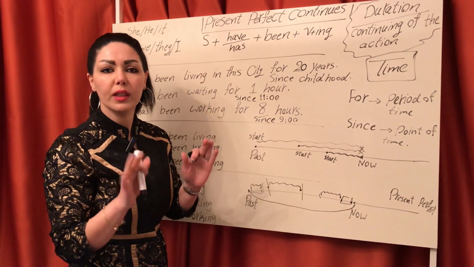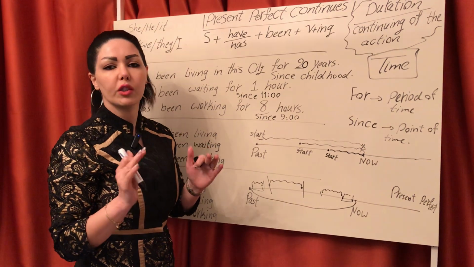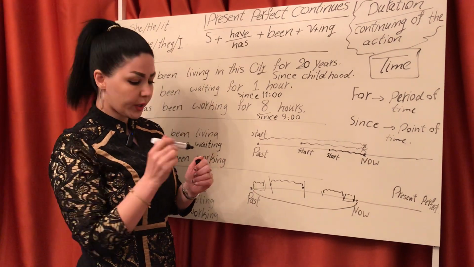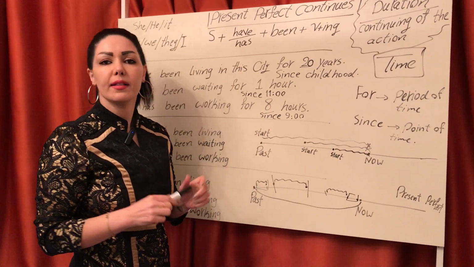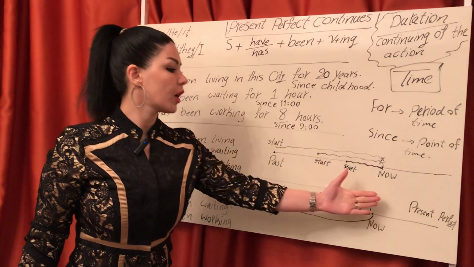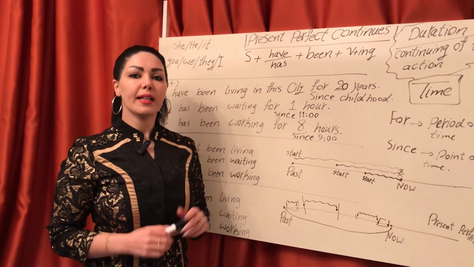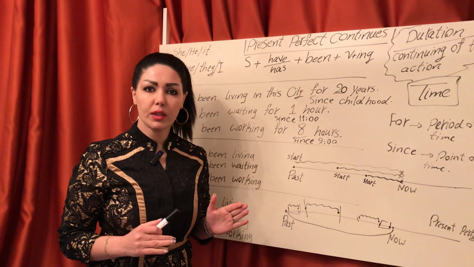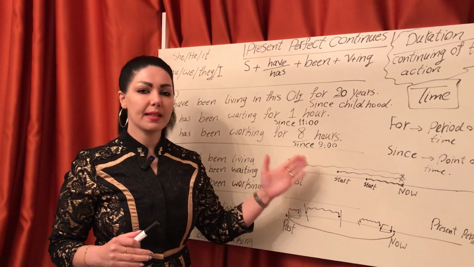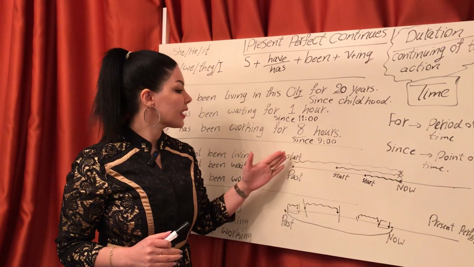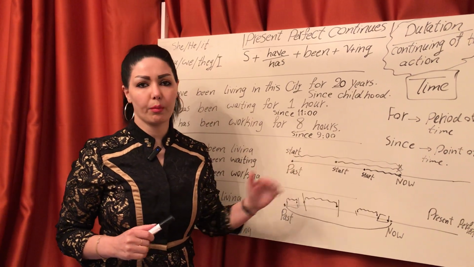We are not doing that action now, finish in the past. Okay, so experience is important for us for present perfect. Experience is important, but for present perfect continuous, time duration is important.